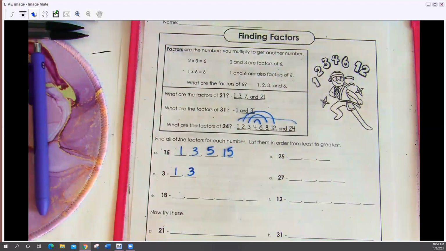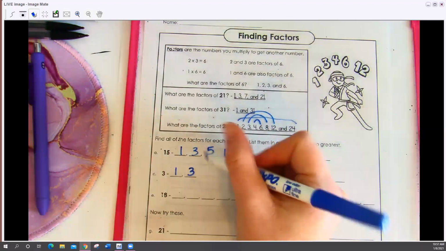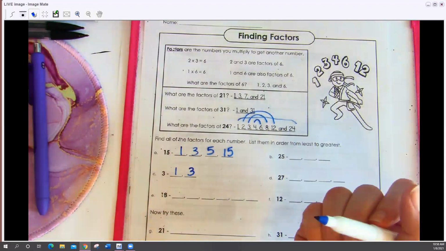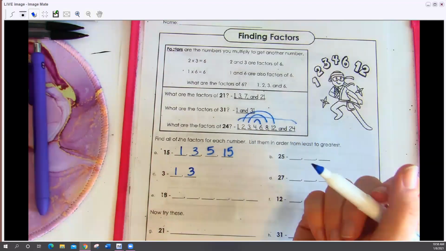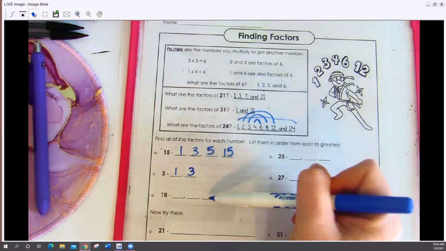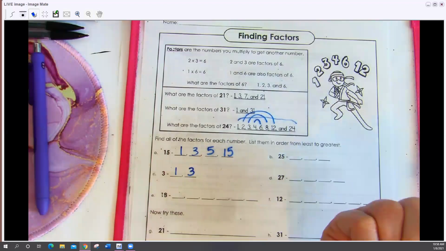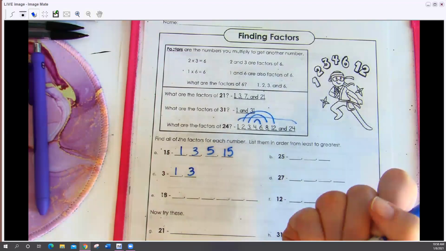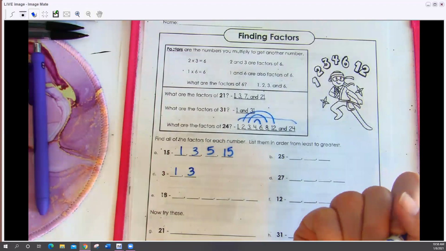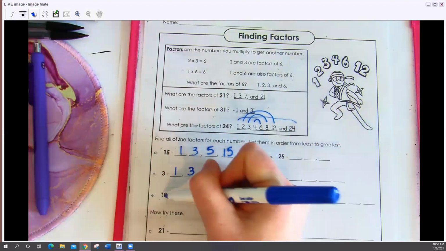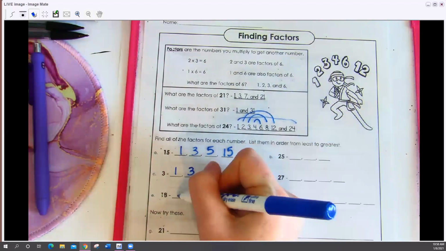So remember, we can flip these math problems around, but we don't have to write them twice. So if we're trying to find the factors of 18, you can see there's 6 lines here. So we're going to have 6 different numbers that we can multiply together to get a product of 18. I know that I can do 1 times 18.